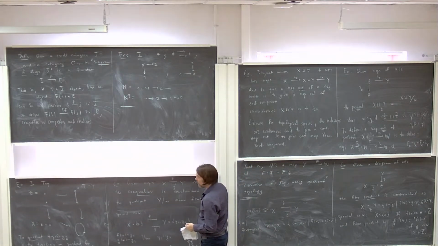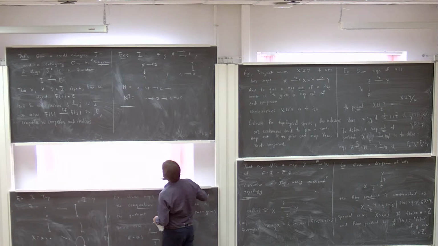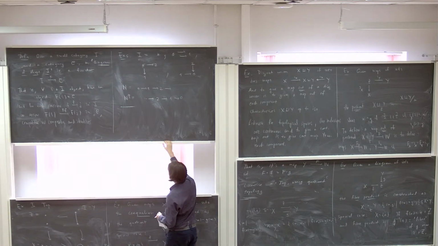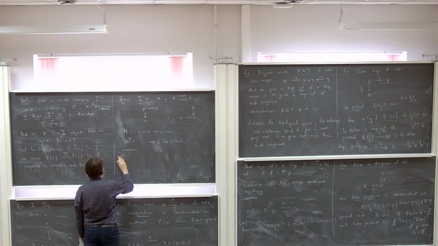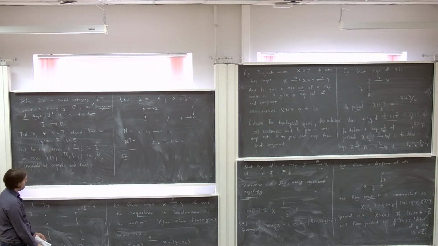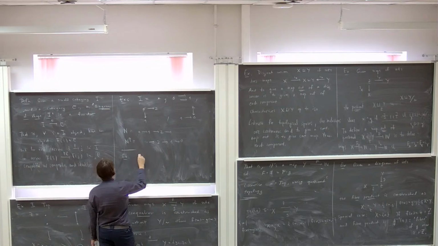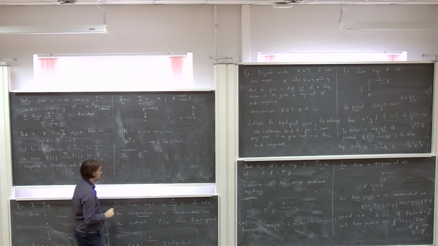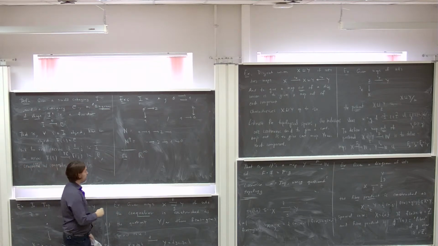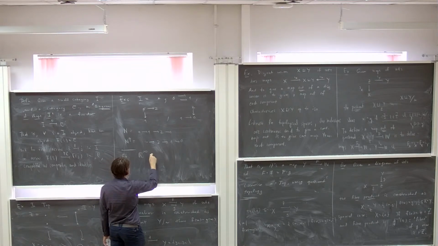Sure. So let me give an example of the last sort. So a functor, let's do a very explicit example. Suppose I have infinite dimensional, so a space of sequences.